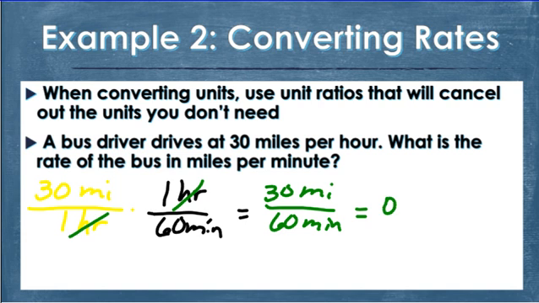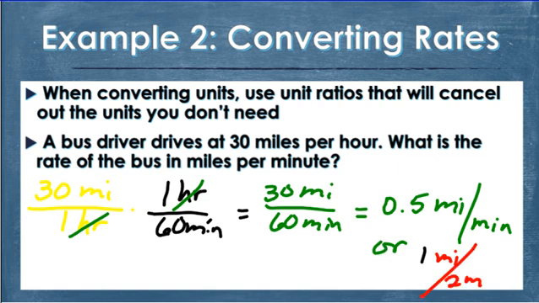So you would have 0.5 miles per minute. Or you could have just kept it as 1 mile over 2 minutes. Or you could write it as half mile per minute. Those are different ways you can write the answer.